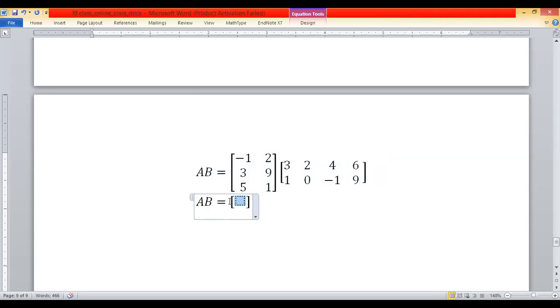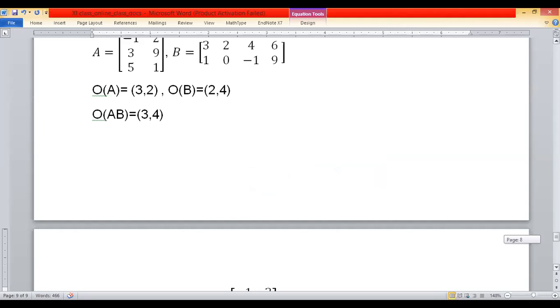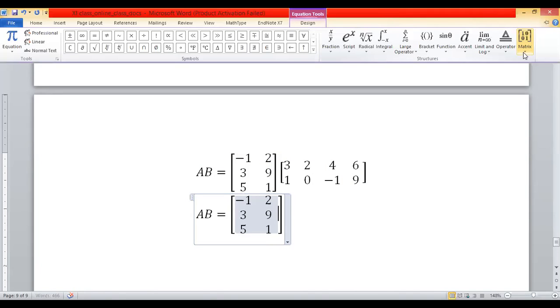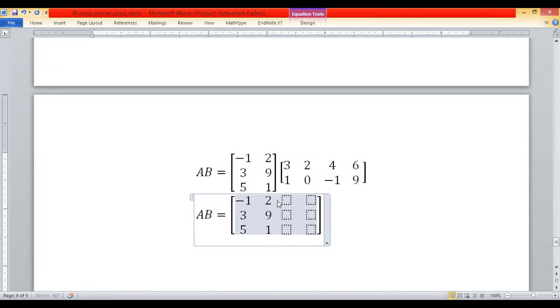So the order of this matrix AB would be 3 by 4, means 3 rows, 4 columns. So let me write first the pattern of AB, 3 rows and 4 columns. So this is actually 3 rows, 4 columns. So how can you multiply?